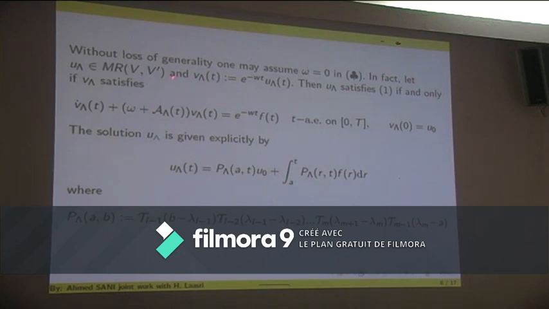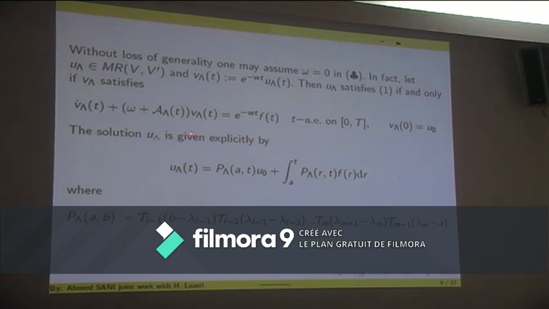If we consider v_lambda equal to this exponential of minus omega t times u_lambda, we can prove that v_lambda is a solution with omega equal to 0.